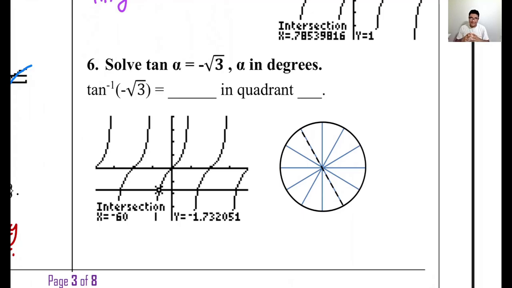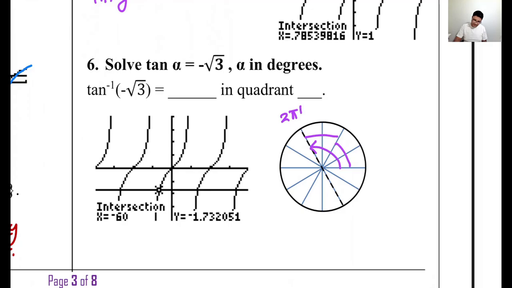Use the same idea and solve tan theta equals minus root 3. Okay. Now tan alpha is negative in the second and fourth quadrant. So if you are saying negative root 3, you are here, and that is 1, pi over 3, 2 pi over 3, right?